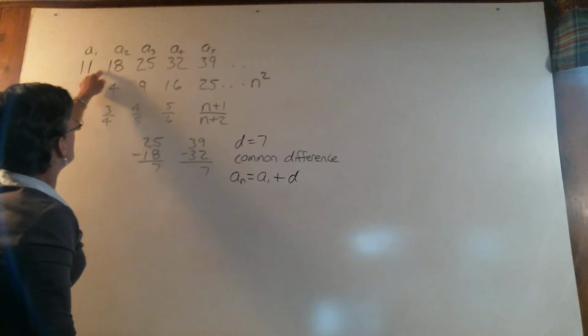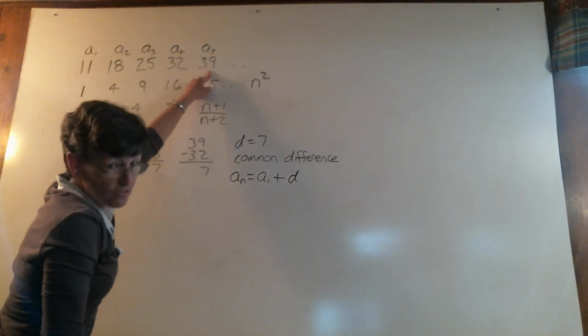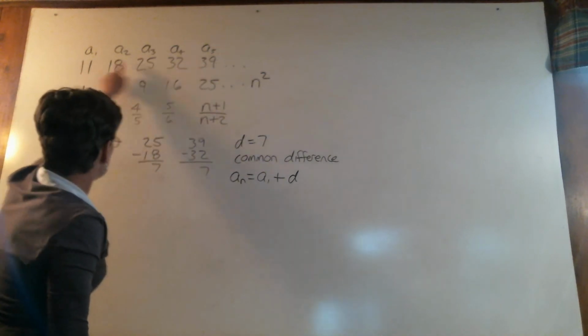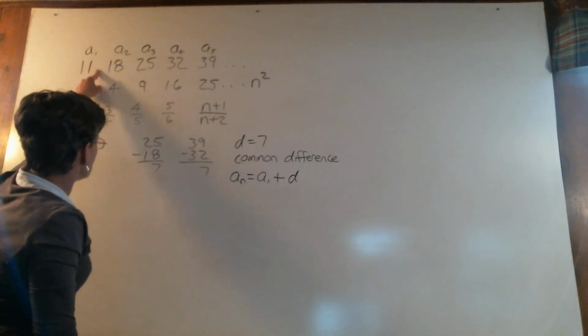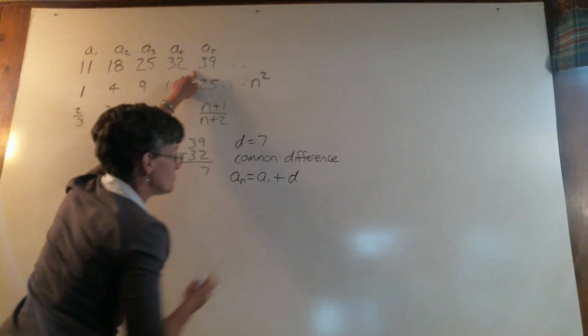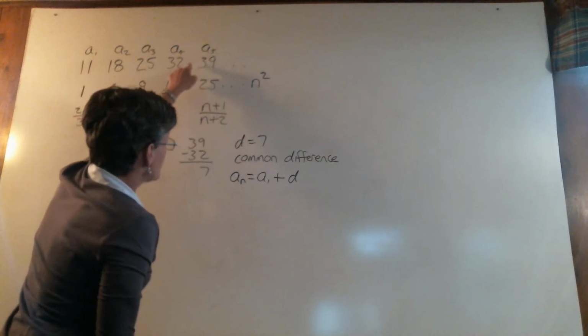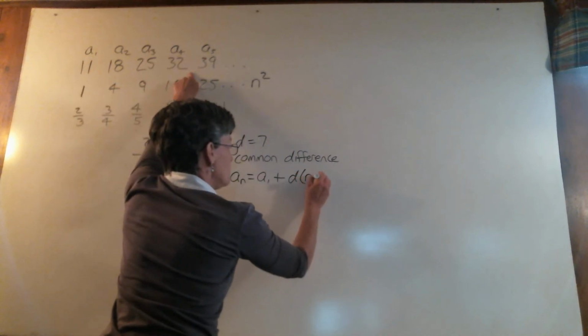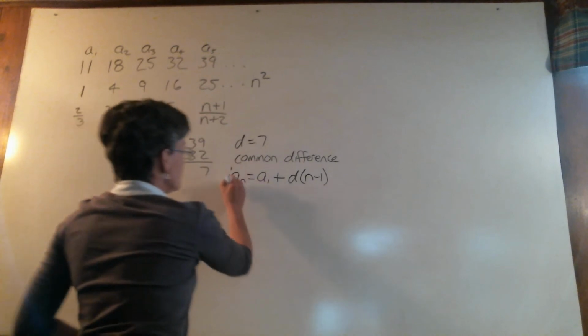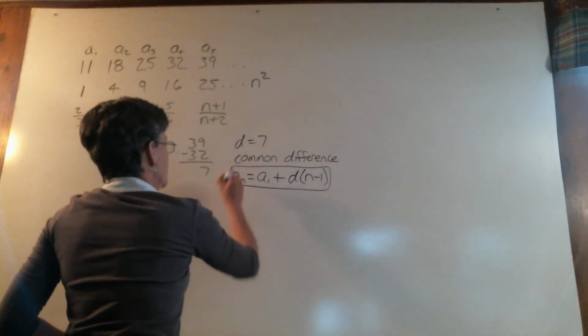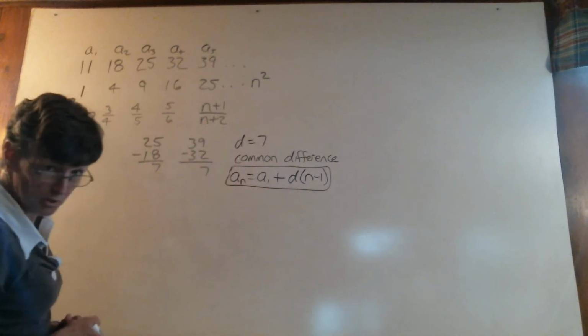How many times would I add that difference to get up to the fifth term? I add that common difference 1, 2, 3, 4 times. So it's the fifth term, but I add it n minus 1 times. And this is the way we get a pattern for the nth term in an arithmetic sequence.